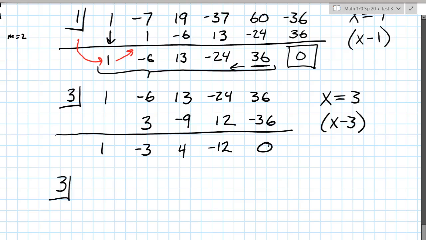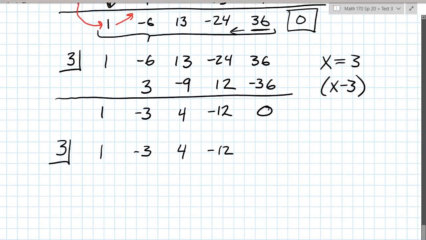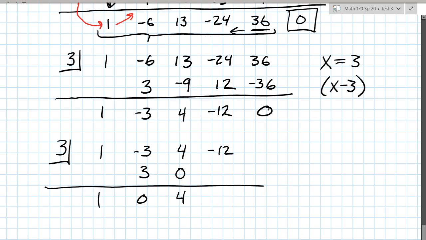I'm going to do 3 again since it looks like there's a multiplicity of 2 here. 1. 3 times 1 is 3. 3 minus 3 is 0. 3 times 0 is 0. 0 plus 4 is 4. 3 times 4 is 12. 12 minus 12 is 0, which means x equals 3 is a 0. So we have another x minus 3 as a factor.